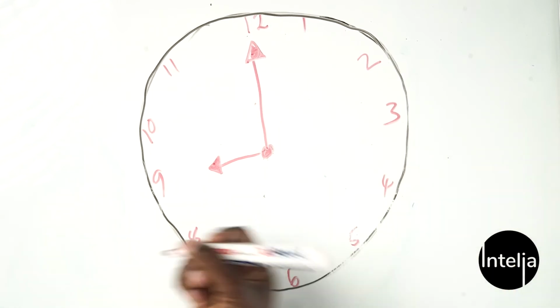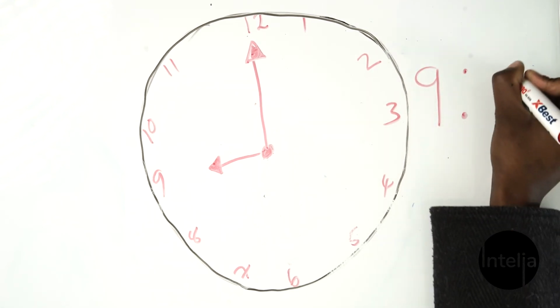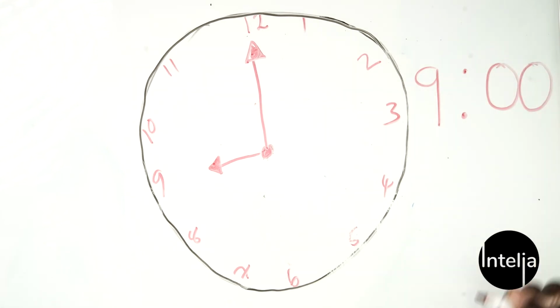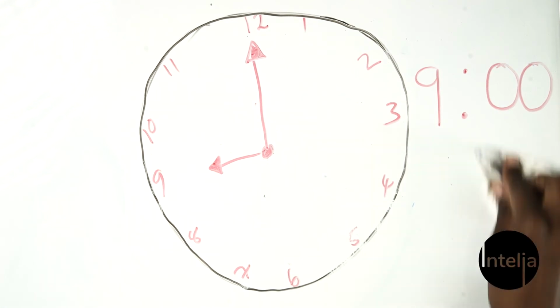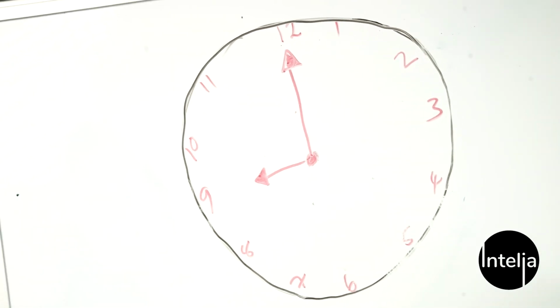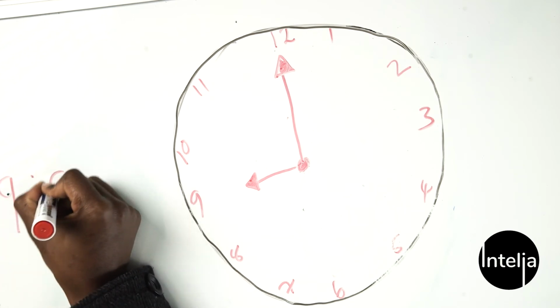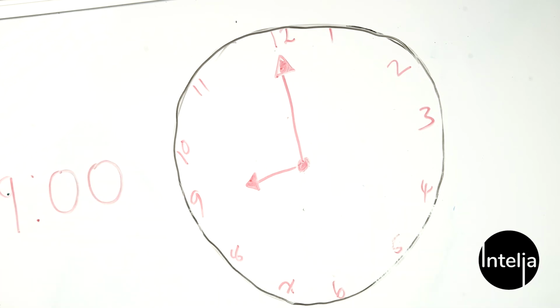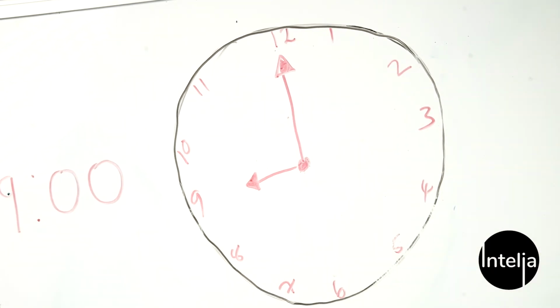So let's write our 9 o'clock here. 9, 0, 0. Like this, it's 9 o'clock. Okay, let me write it on this other side, more space. 9, dots, 0 and 0. So it's 9 o'clock in the morning.